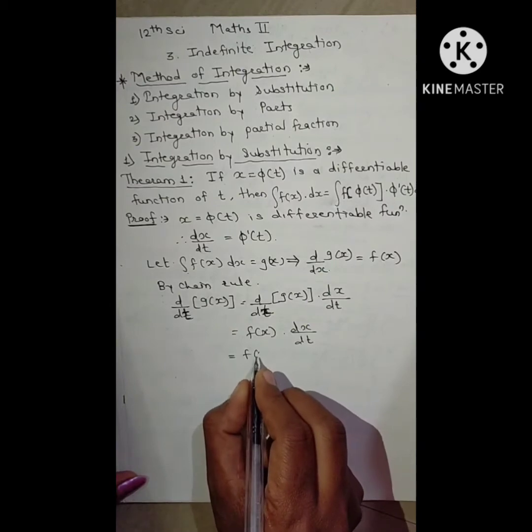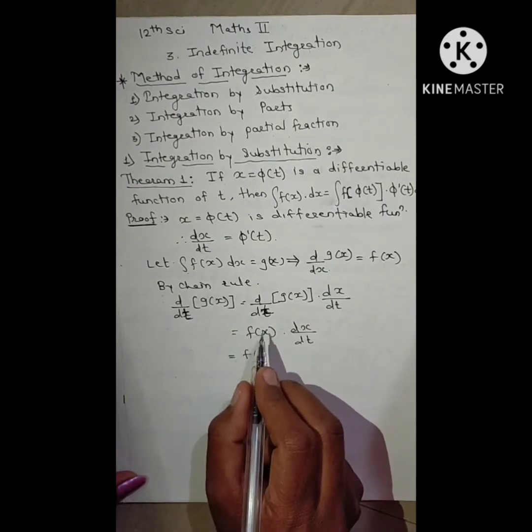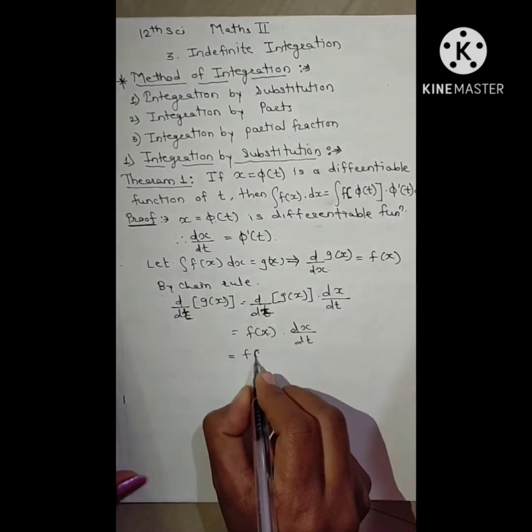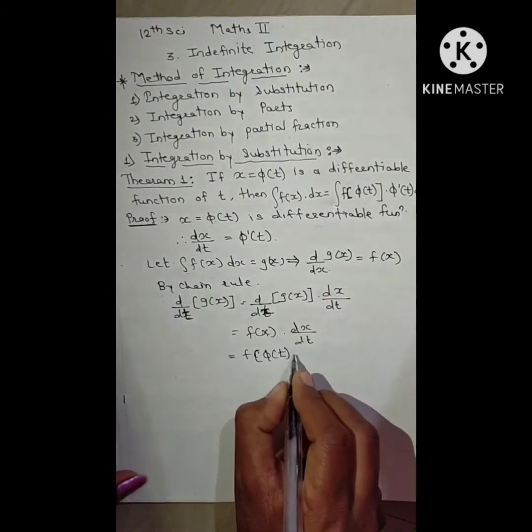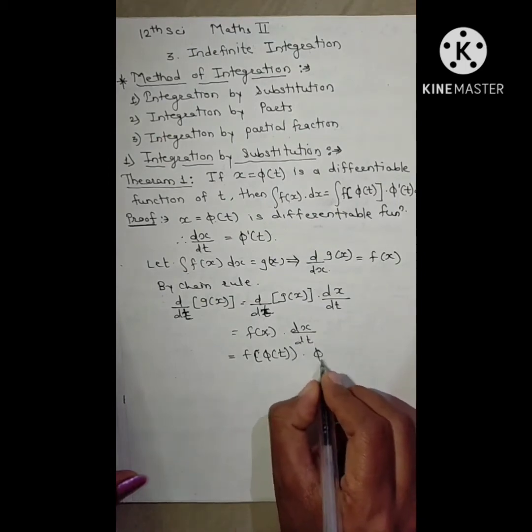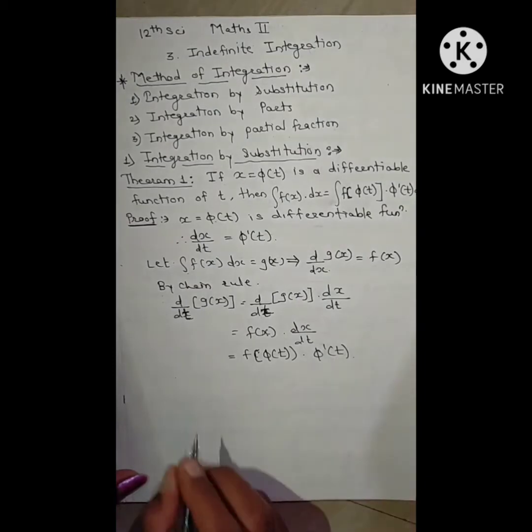We know the value of x is phi of t, therefore it is f of phi of t into dx by dt, which is phi dash t.